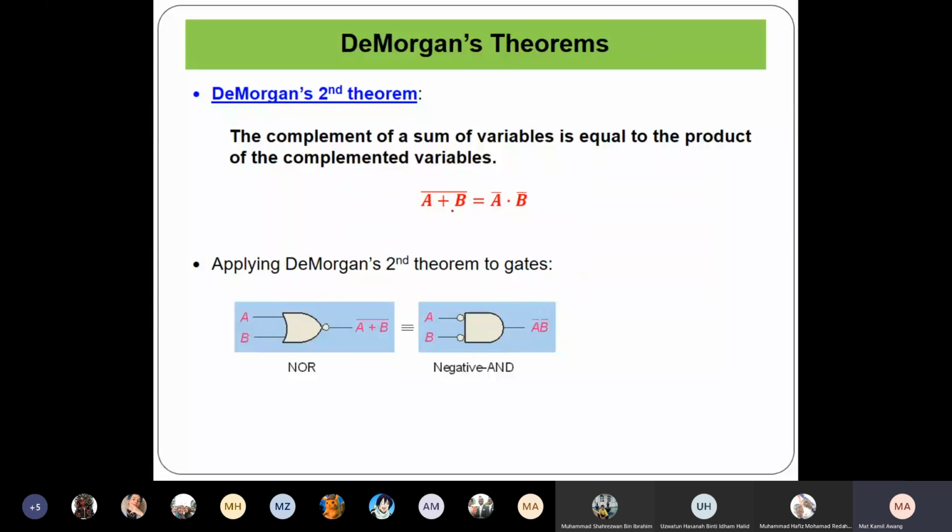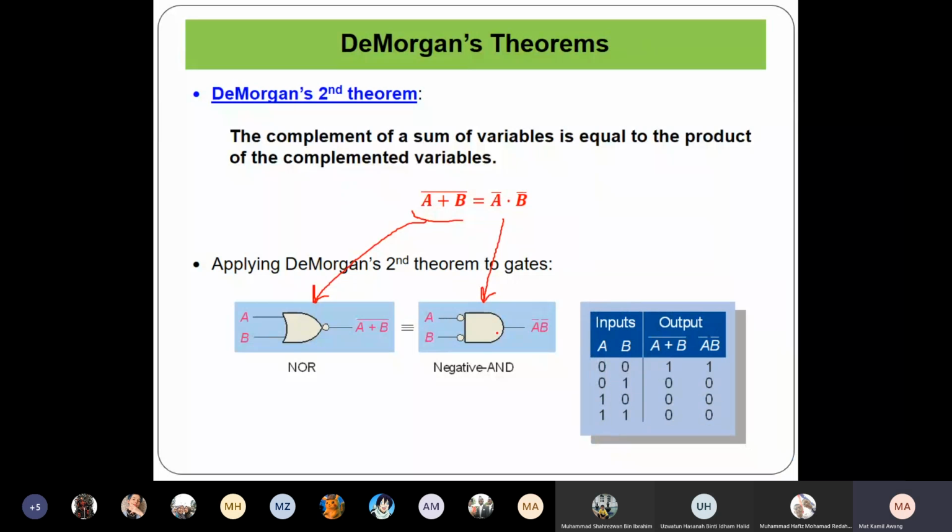So (A or B) bar, sum first, then you take the complement, is equal to the complement of A and the complement of B. So (A or B) bar is equal to A bar and B bar. So this one is actually this, and this one is this.